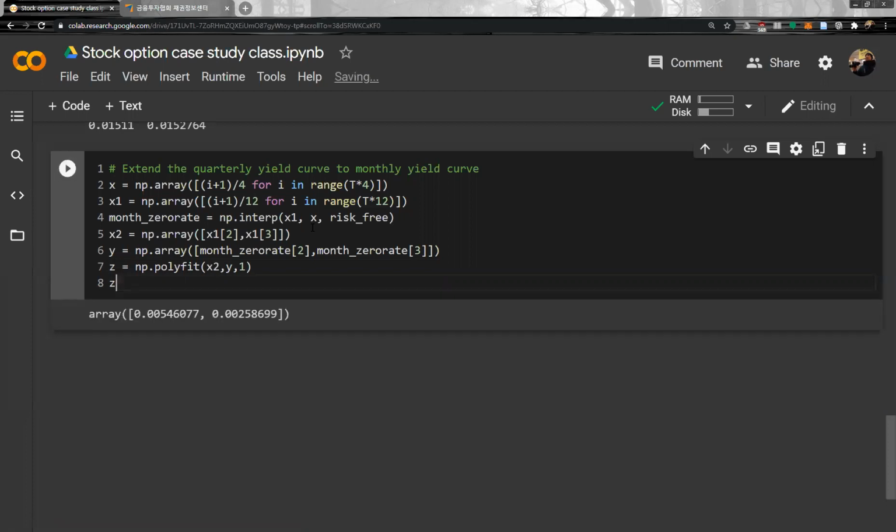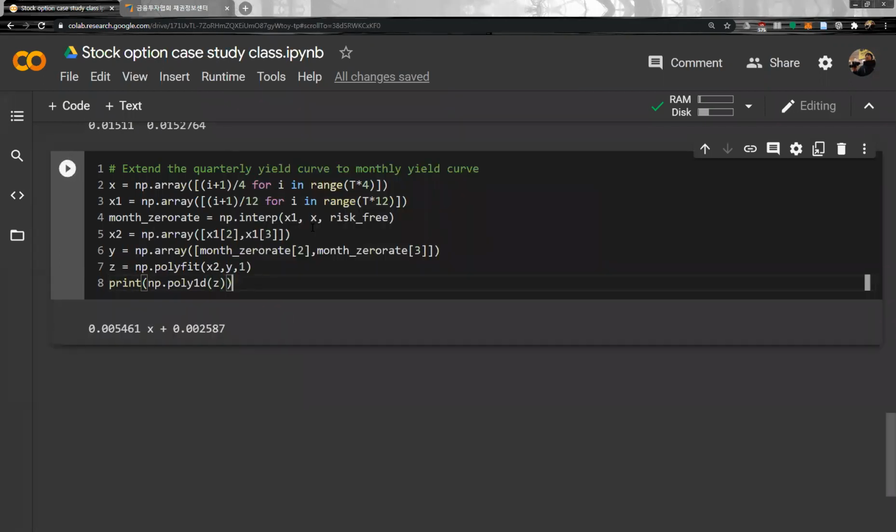Okay, so like this, and then let's express this as a function. So np.poly1d of z. Basically the relationship is like this one. The first one is the coefficient, the second one is the intercept, I think, right?